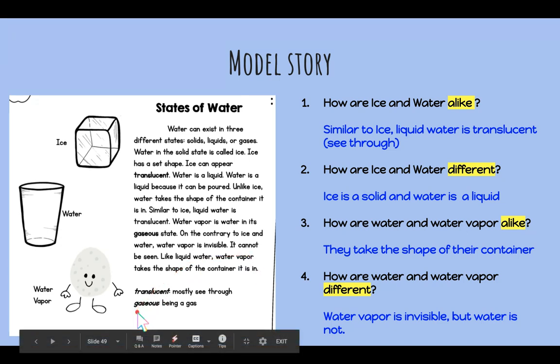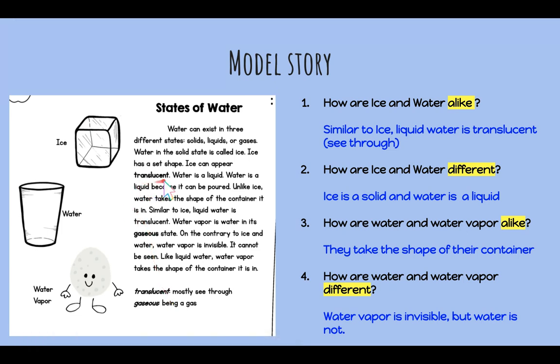If I come down here to where it says gaseous, it tells me what that word means as well. It says being a gas. Remember, we've taught you all this before. When there is a bold word in an informational text, you're going to be able to find it in what they call the glossary, which is the back of the book that gives you the definitions and pictures of those bold words.